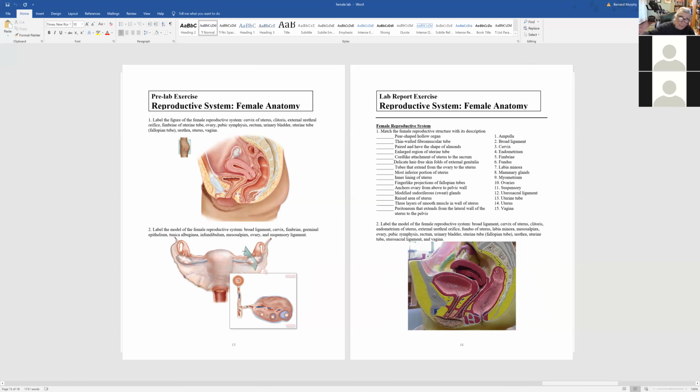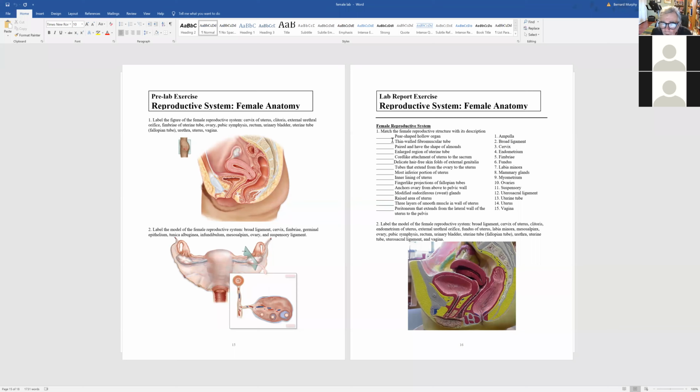Okay, so now I'm going to do the same thing here. With the female, there's 15 structures, and we're going to go right down, starting with the top to bottom. Pear-shaped hollow organ is uterus, 14. Thin-walled fibromuscular tube is going to be 15, vagina.